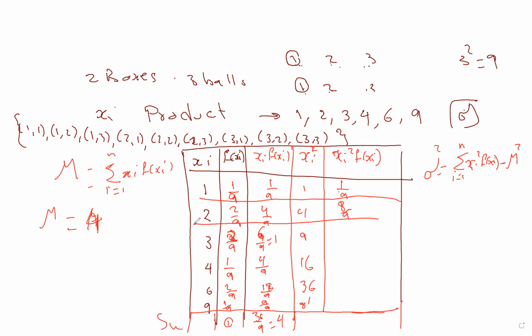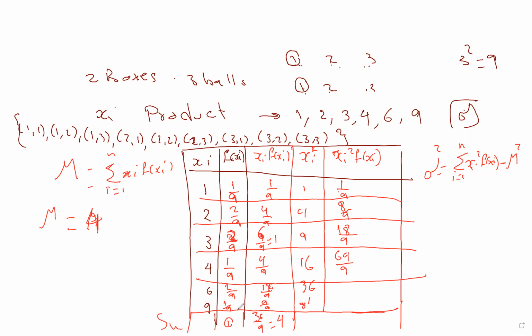And the third one will be 9 times 2 over 9, it will be 18 over 9. I'll make the denominator the same to be easier in addition. And 16 times 4 over 9 will be 64 over 9.